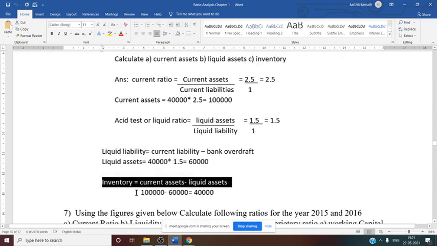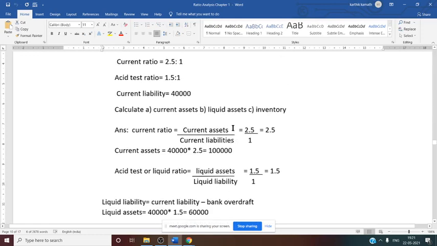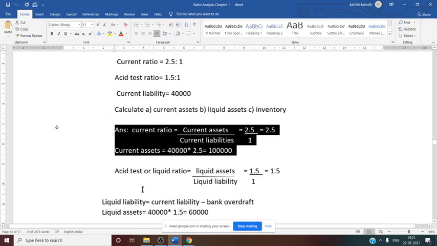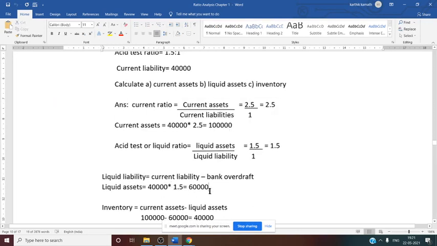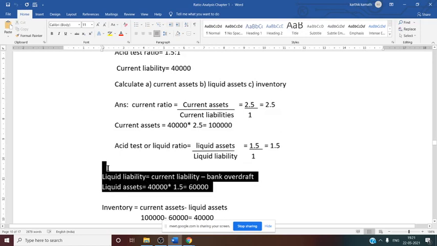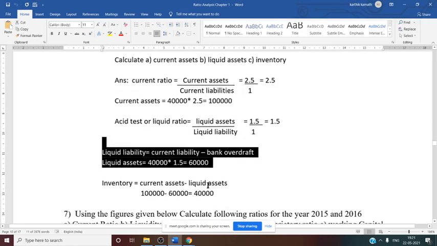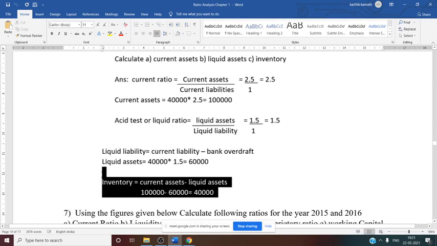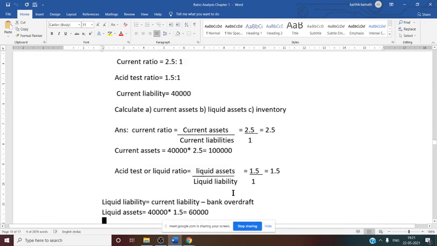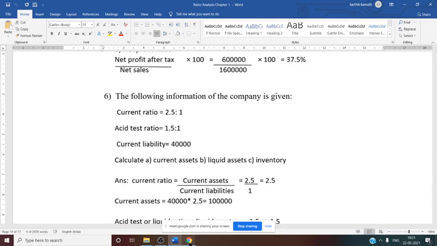Inventory is equal to current asset minus liquid asset. Current asset is 1 lakh, minus liquid asset 60,000, you will get the inventory as 40,000. This is how you calculate this problem.